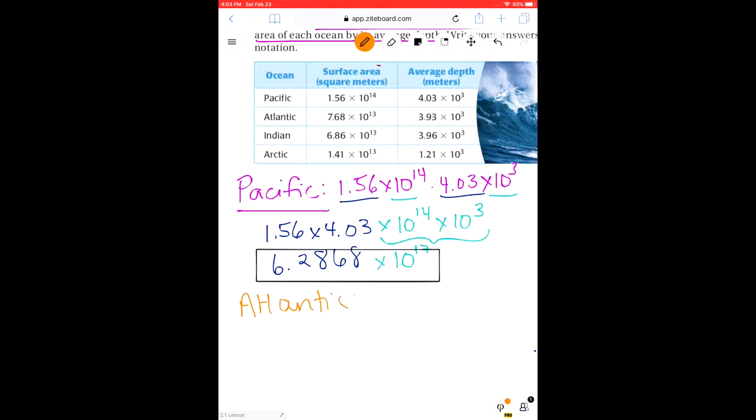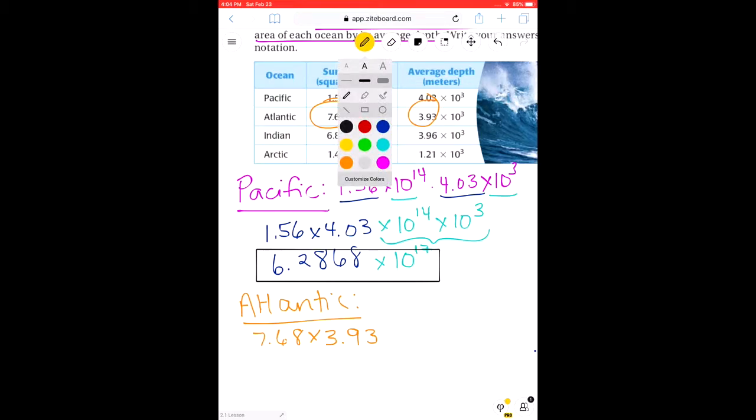Okay, I'm going to skip step 1 since you've already seen it. I'm going to start with just combining my non-exponent terms, 7.68 times 3.93. Okay, and then we're going to multiply that by the other two terms, times 10 to the 13th, times 10 to the 3rd.